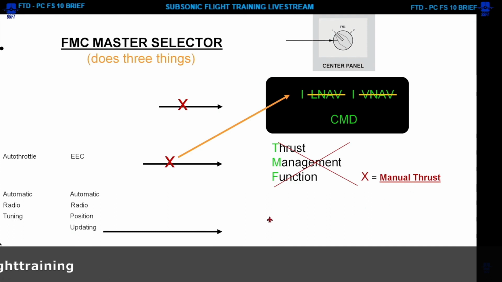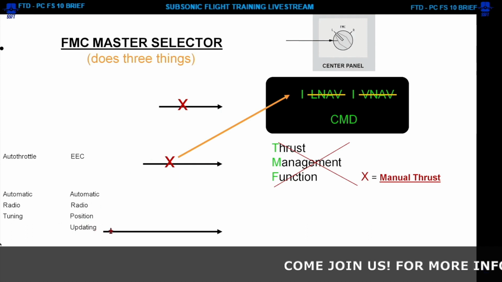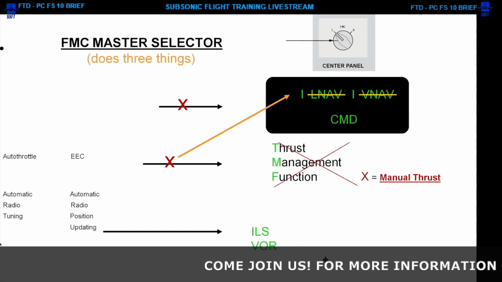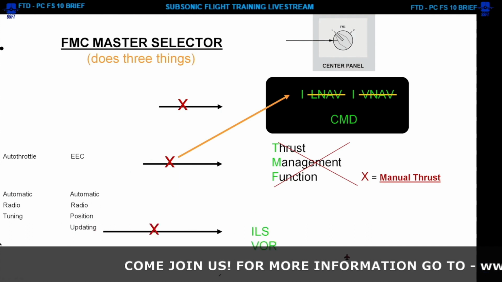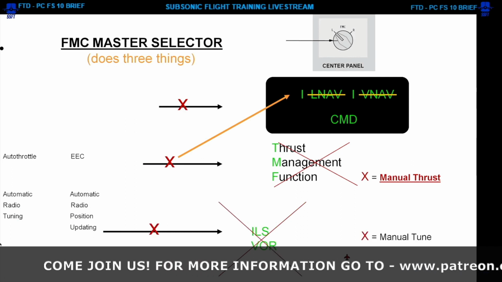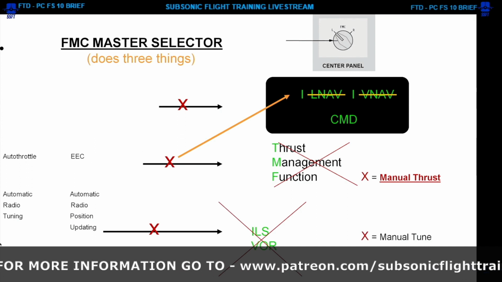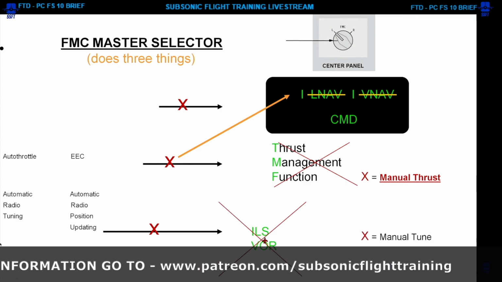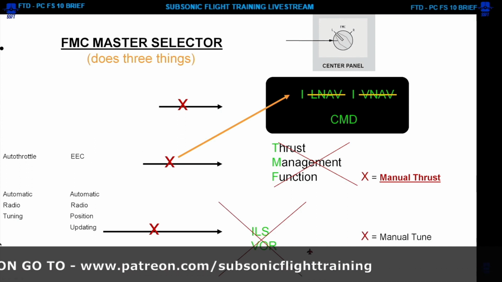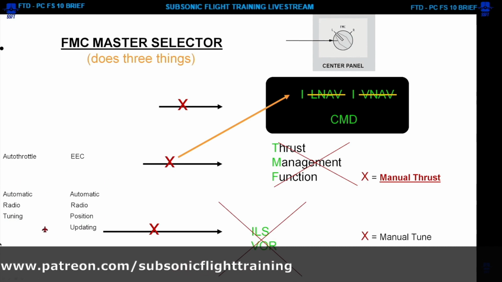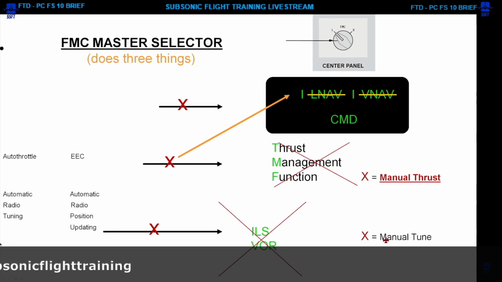And then the other thing that the master selector does is it gives information to the nav radios for automatic radio tuning and position updating. So we're going to lose that function as well. And then we're going to have to manually tune things like the ILS or the VOR frequency if they're not tuned already. But you would lose the ability to automatically tune nav aids like we have in the normal function.